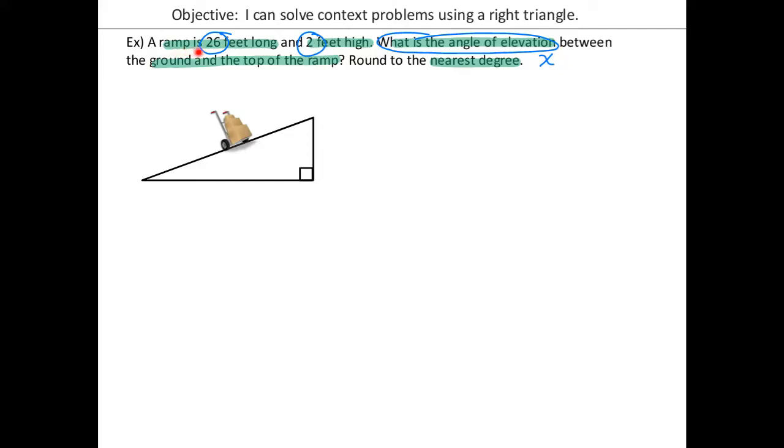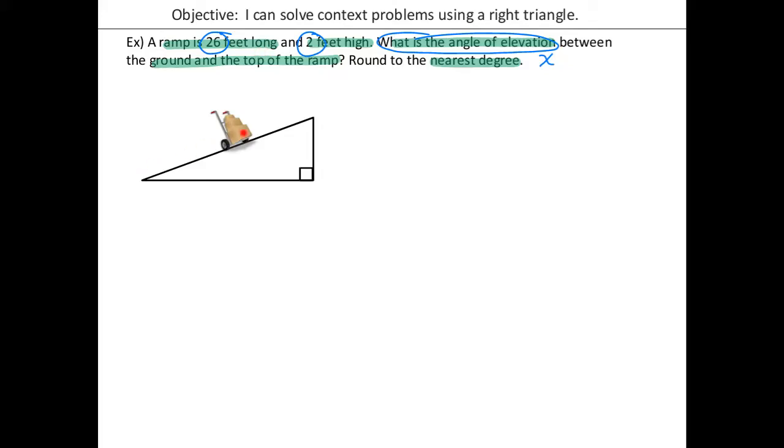It says a ramp is 26 feet long. Do I measure right here where the crate thing is at? Or do I measure the bottom? Or do I measure from top to bottom? It says a ramp is 26 feet long, right?